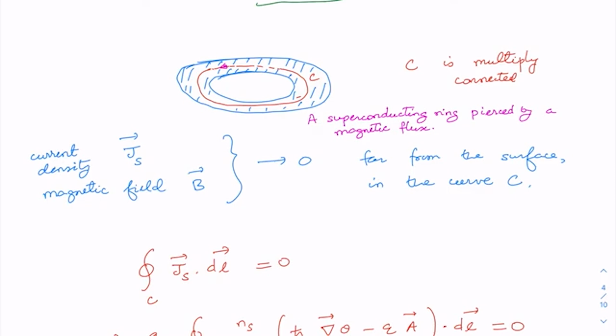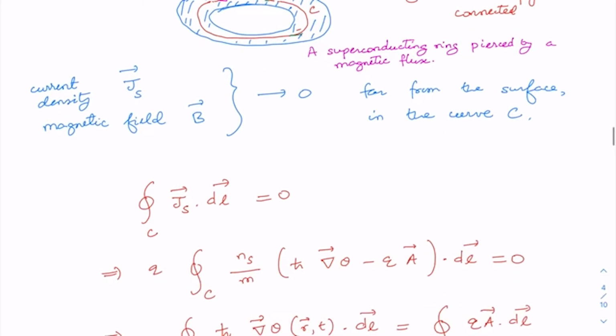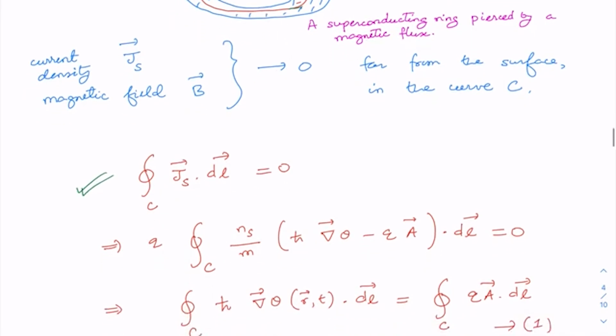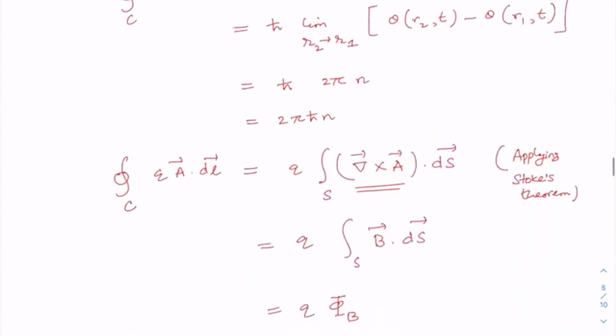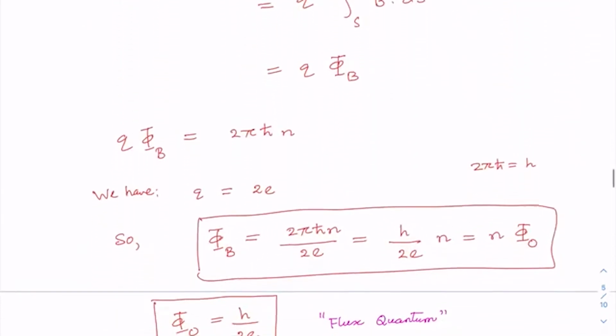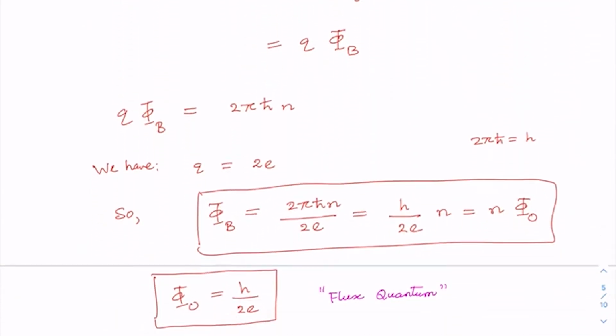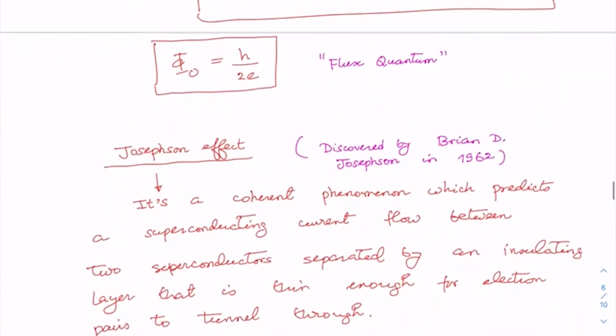Along this curve C, both the current density and the magnetic field are zero. Using this fact, we utilized this integral, put in the expression for current density, and went on to obtain finally that indeed the flux is quantized, and this flux quantum is given by h by 2e.